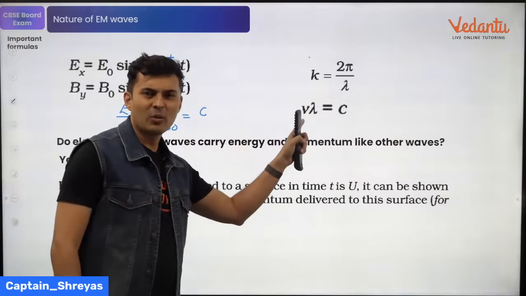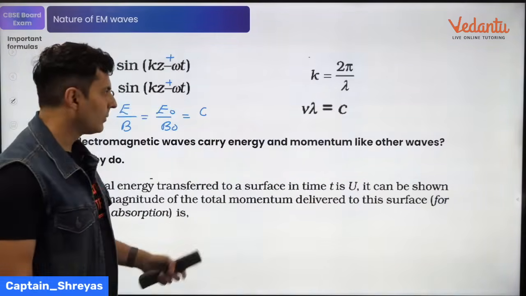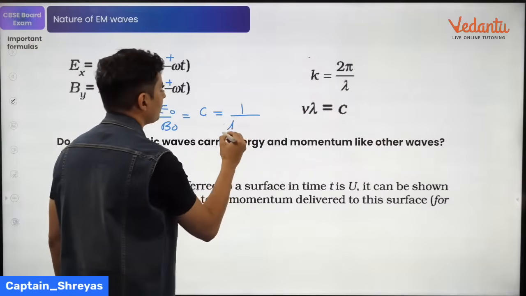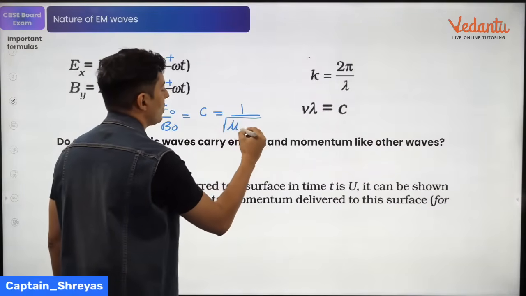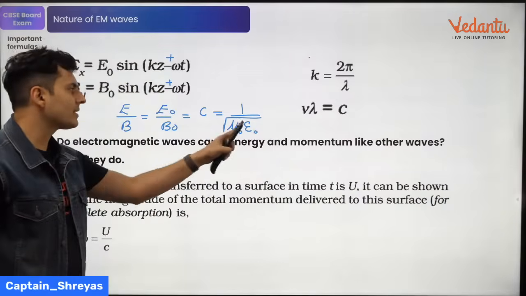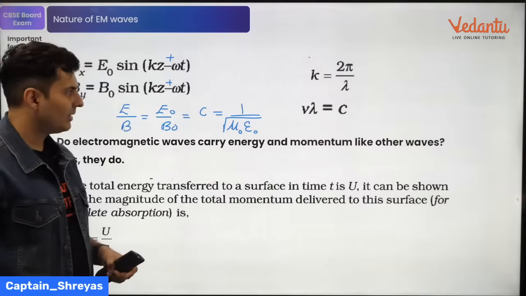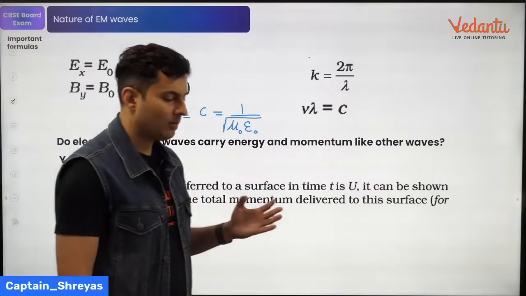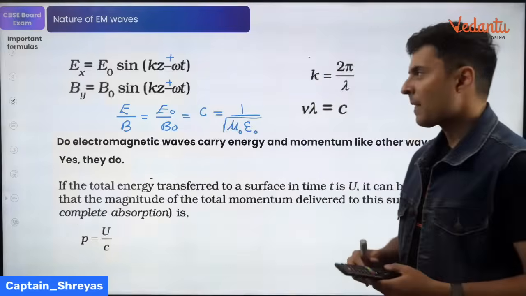Also, the speed of light is frequency times wavelength. That's also standard. You can also remember this as 1 by root of mu naught into epsilon naught. All these things are related to the speed of light. So, standard things related to electromagnetic waves and their equation.